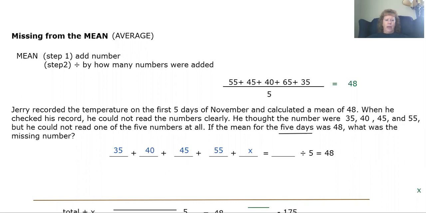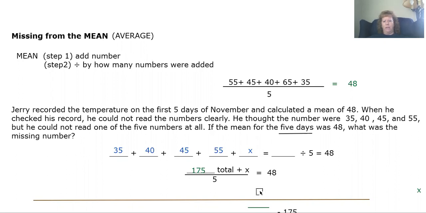Okay, so if we took the total of 175 plus X and divided by 5 for the 5 numbers that we're supposed to have, that's going to give us the mean of 48. So this is the problem now that we want to focus on.